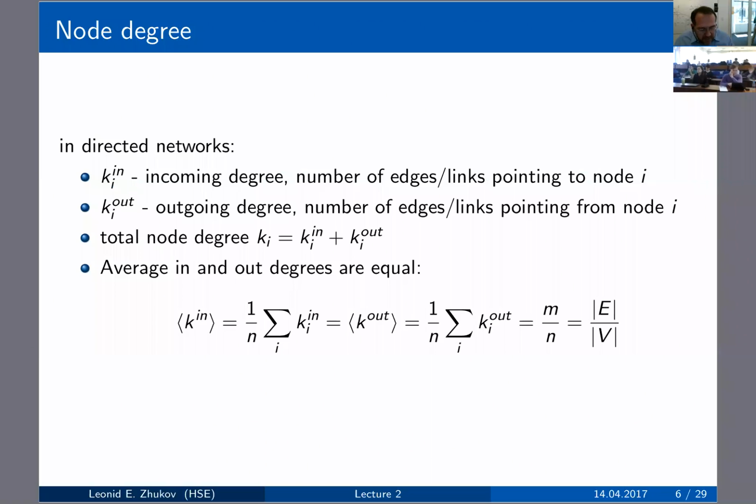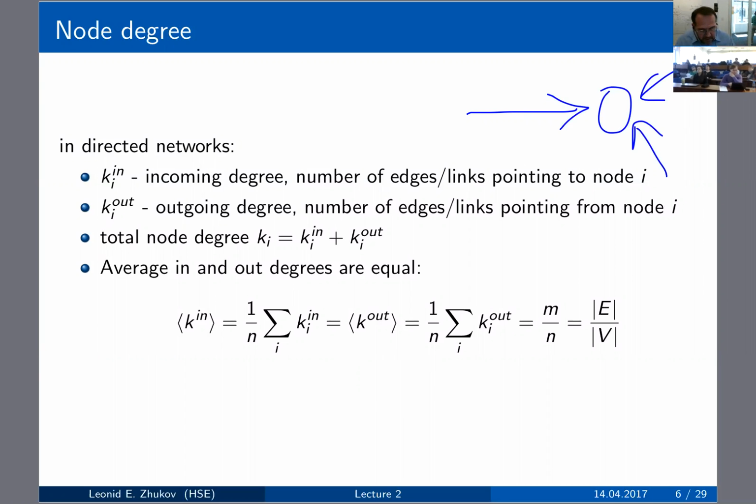Now, if we have a directed graph, so we do have direction on the edges, then we're going to talk about 2 different metrics. For every node, there is an incoming degree, which is the number of edges that are incoming toward it.